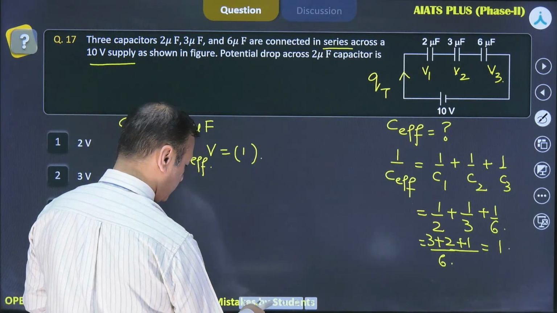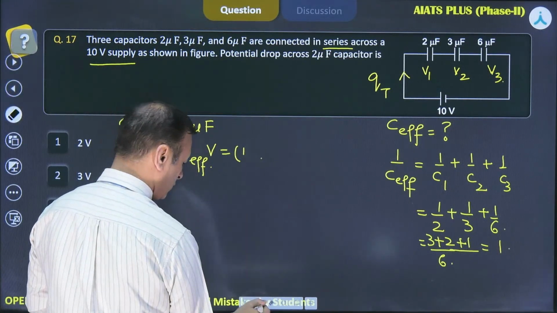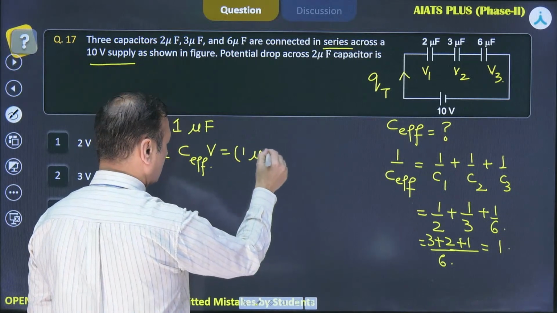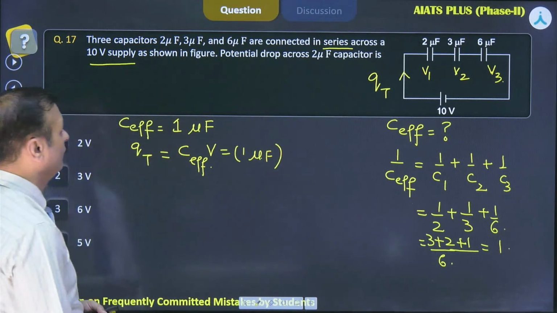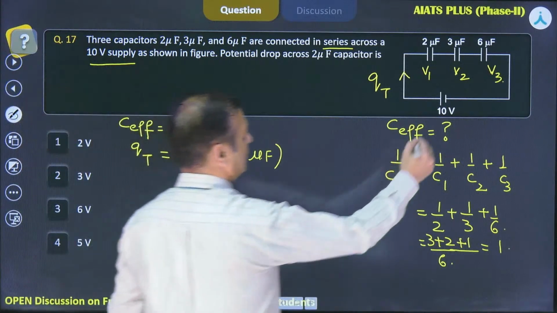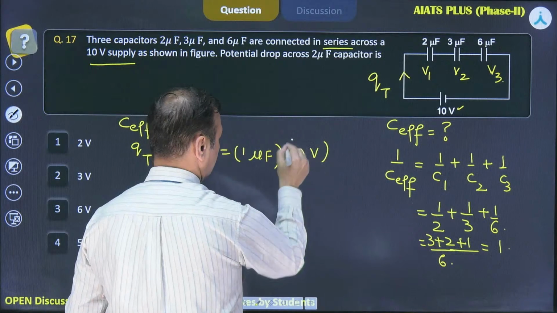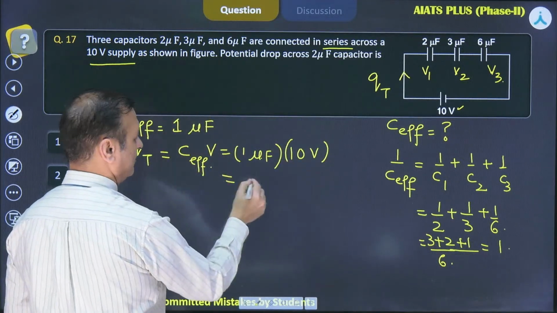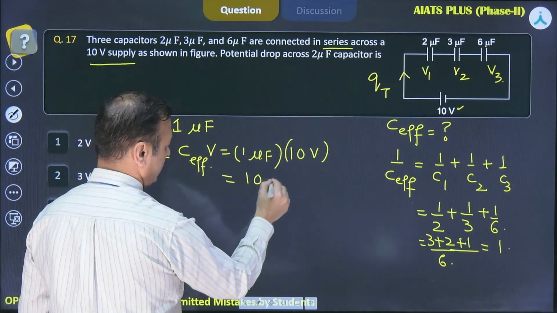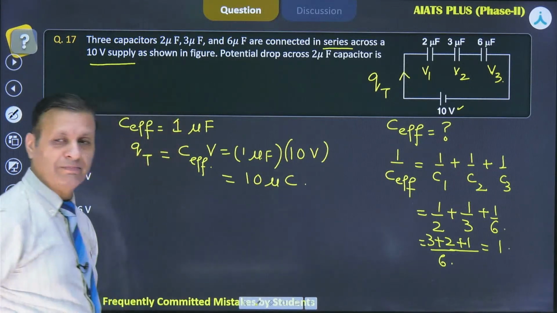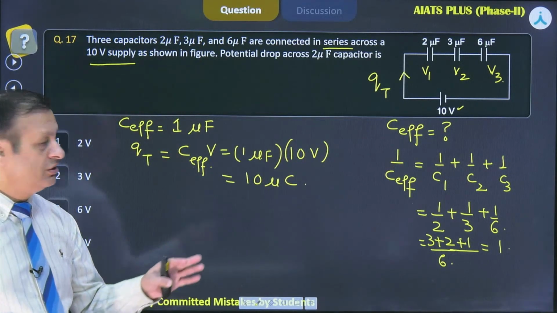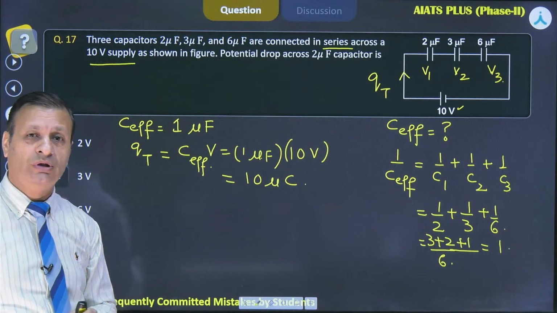So let's keep 1 microfarad only. And what is the value of V? V is 10 volts. So that gives me the answer for the charge as 10 microcoulomb only. So this is the total charge flowing through the circuit.